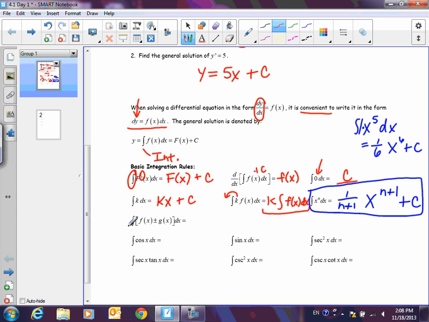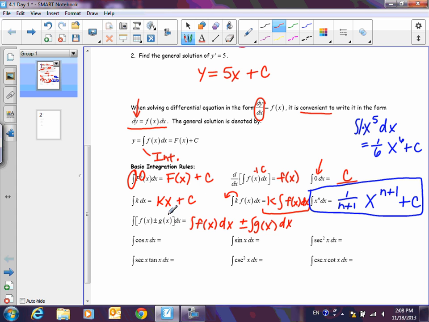This right here, if we integrate a function added or subtracted to another function, this is a really nice rule. It means that I can do them separately, meaning I can take the integral of f of x, and then I could add or subtract that to the integral of g of x. You don't have to do them both as one thing. You just do one and then the other. We had this same rule with derivatives.